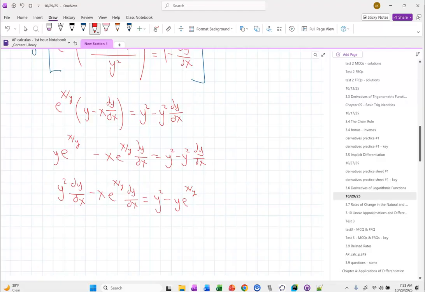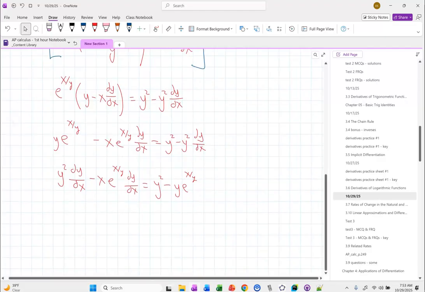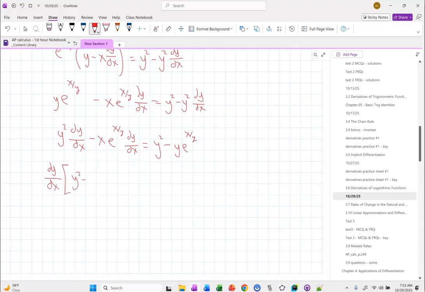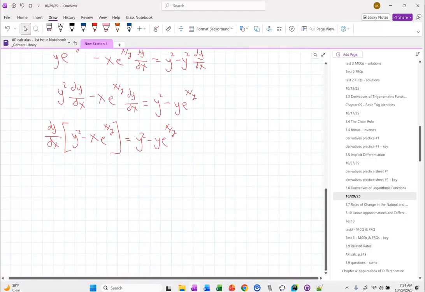Are you okay with what I did there? Now that the dy dx's are on the same side, I can factor the dy dx off, and then divide both sides by the y squared minus x e to the x over y.